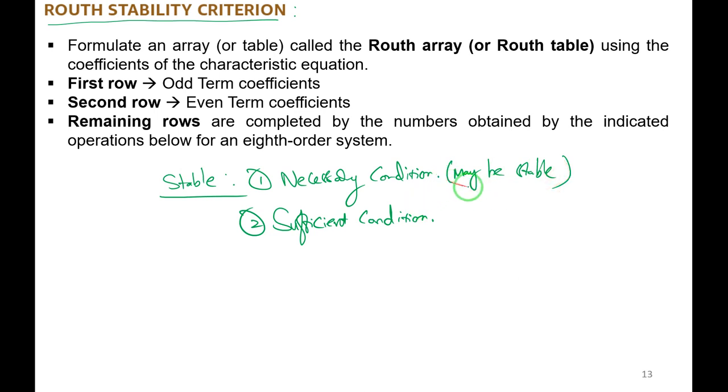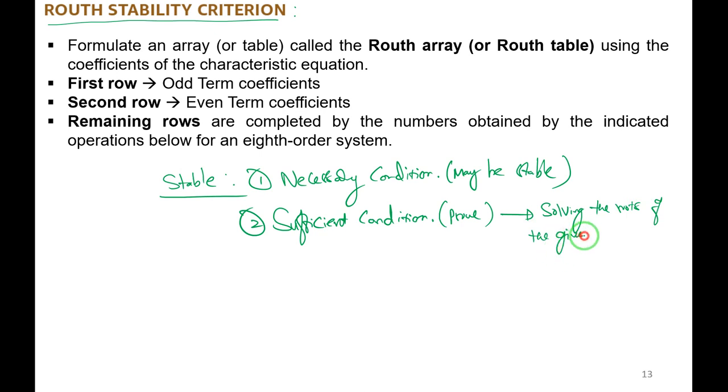But in order to tell clearly whether it is stable or unstable, I have to prove the sufficient condition. There are two things in the sufficient condition. One, by solving the roots of the given characteristic equation.